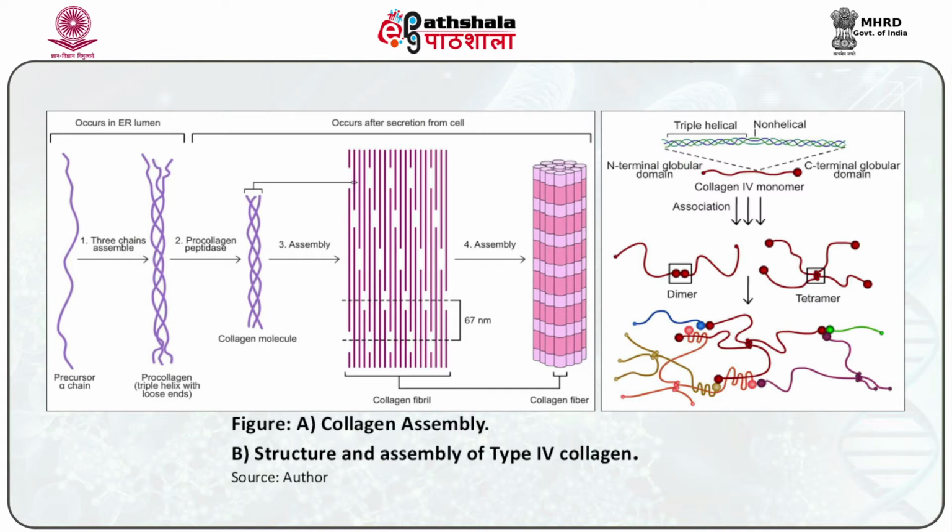Tetramer and higher order structures are formed by lateral interactions between triple helical segments, and head to head and tail to tail interactions between the globular domains. Multiple unusual sulfilimine or thioether bonds between hydroxylysines or lysines and methionine residues covalently cross-link some adjacent C-terminal domains and contribute to the stability of the network.